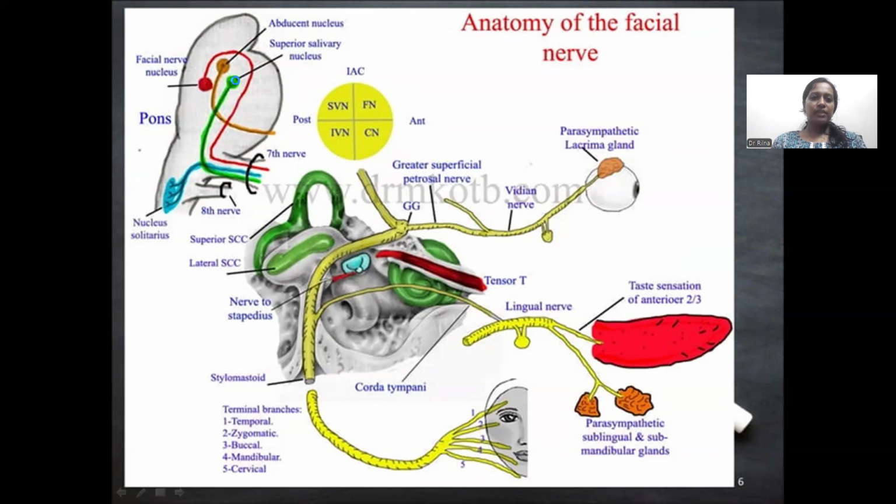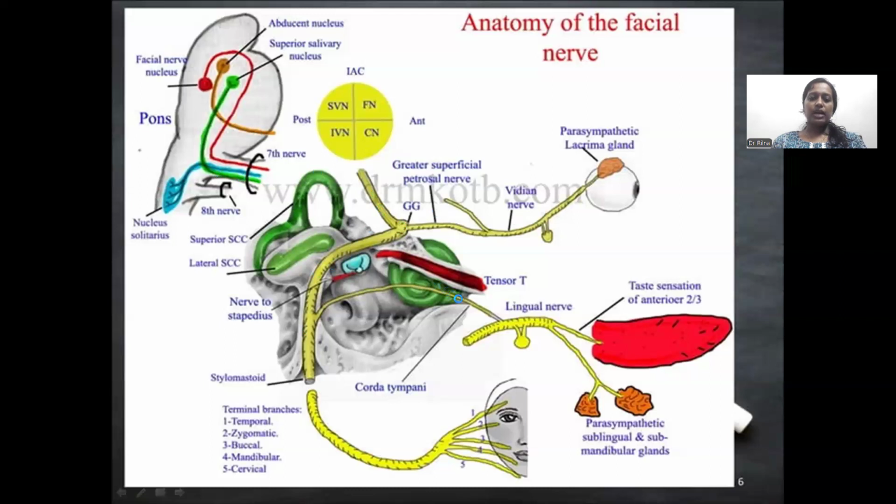These three, and sorry, this is the abducent nucleus of the abducent nerve. From here it starts. This is the seventh cranial nerve, the facial nerve. Once it exits the pons, it enters the cranium. This is the optic canal, and in this canal it gives off various branches, including the nerve to the stapedius.